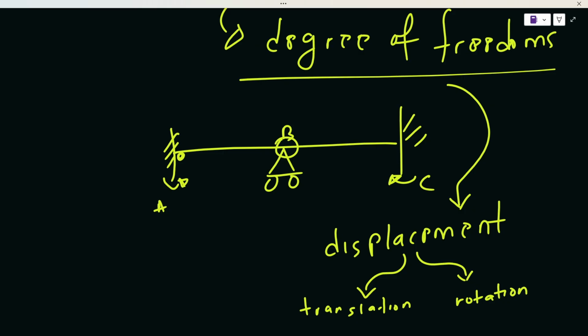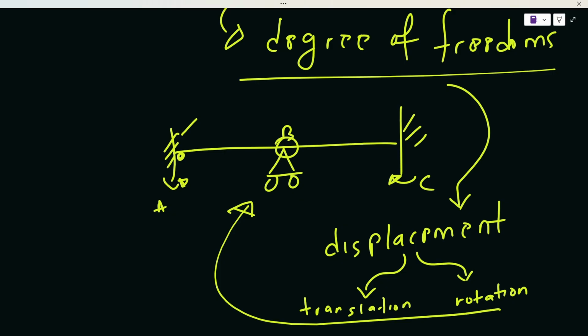So in essence, when I ask how many degrees of freedom I have in this beam, let me put it in a more explicit way: how many of these degrees of freedom are unknown?